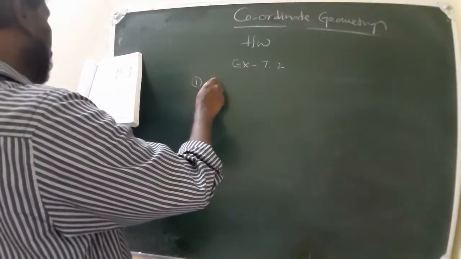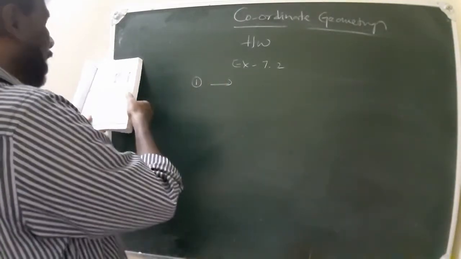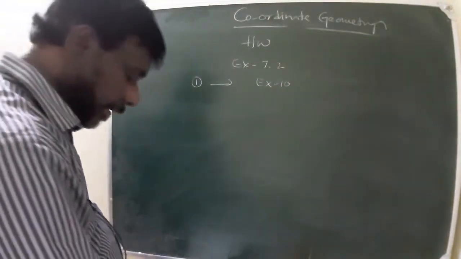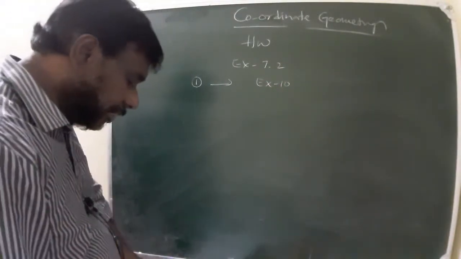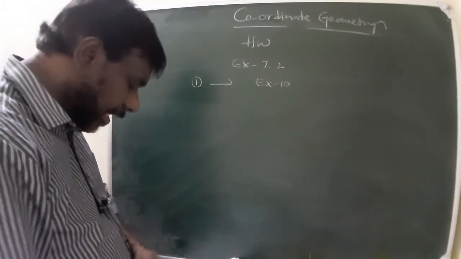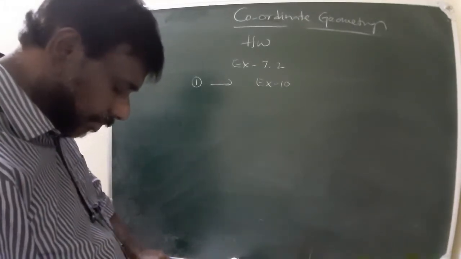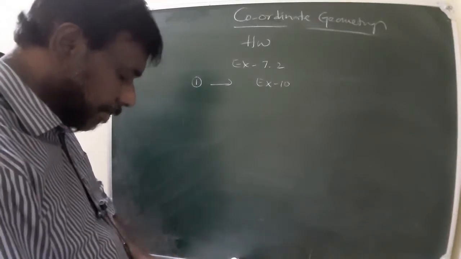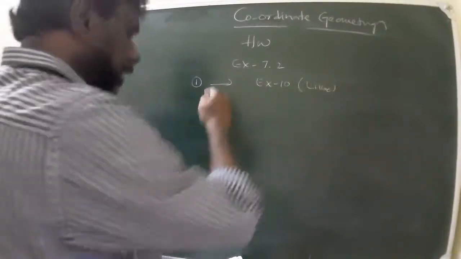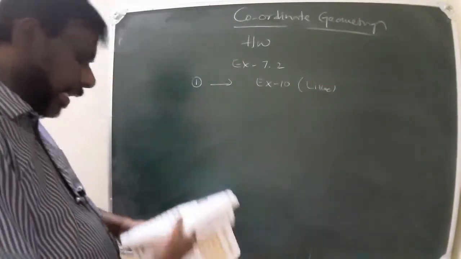The first sum is like example 10. How to do that example 10? Same like that you have to do this problem. Example 10 model, this one.